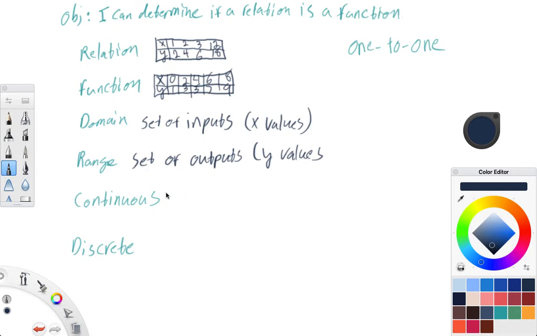The actual book definition is the domain of a function is continuous when it includes all real numbers. So continuous means our domain, our range, includes all real numbers.